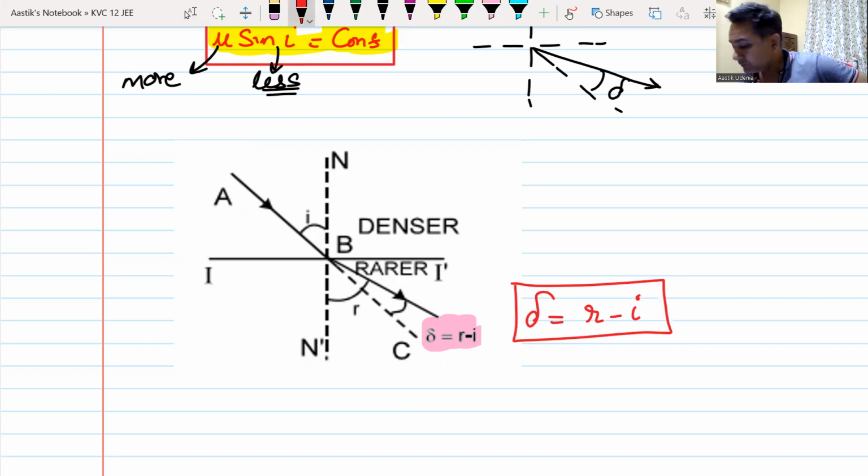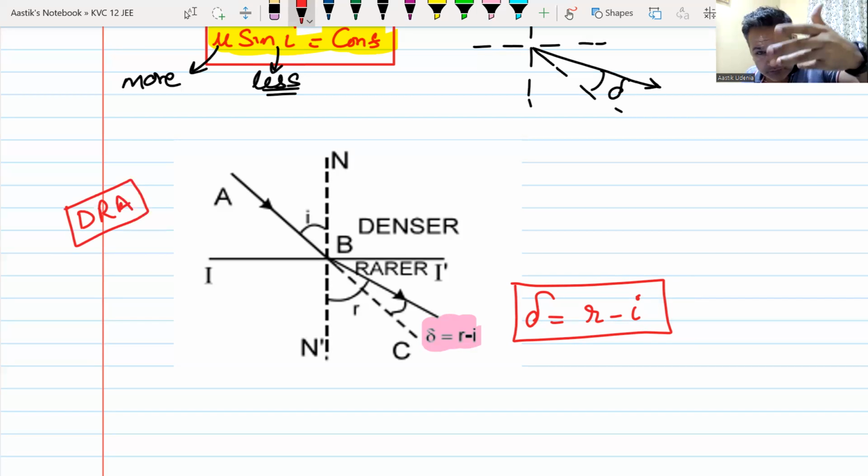So when it moves from denser to rarer, it bends away from the normal. I have also explained why: if mu is less, angle is more; if mu is more, angle is less. Do you understand this?